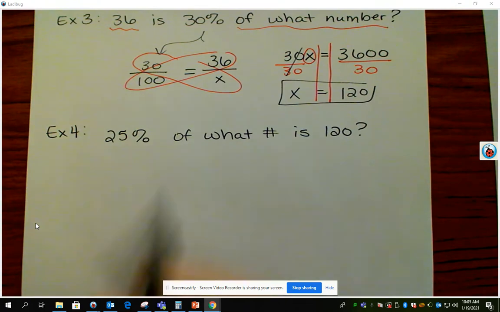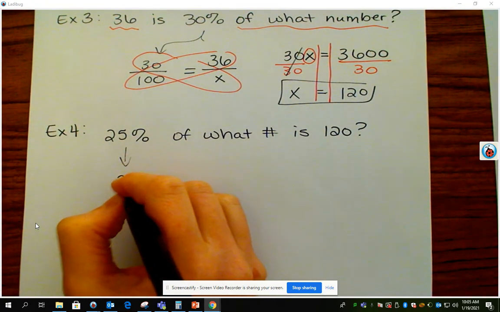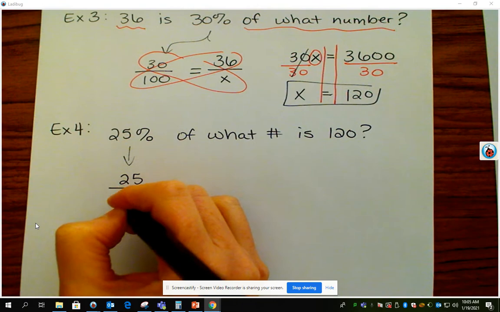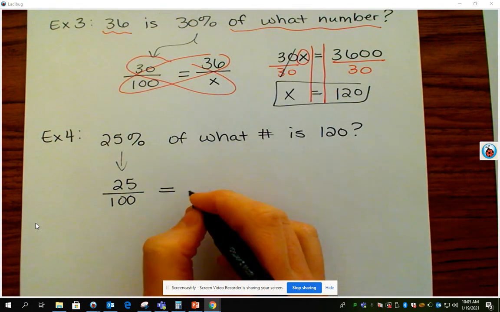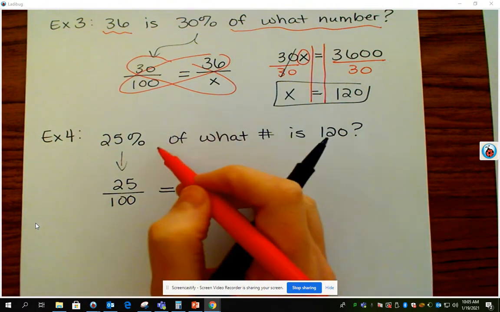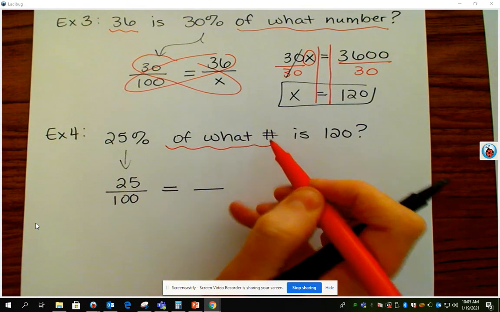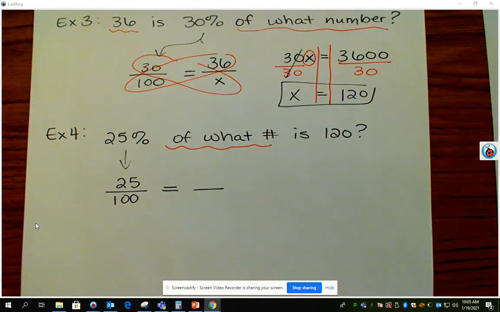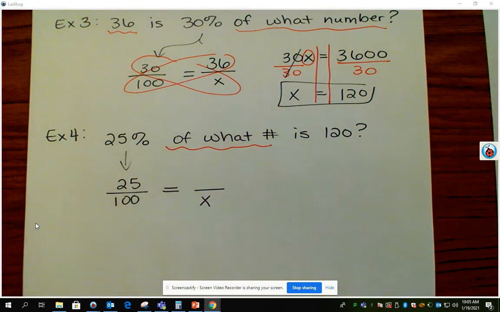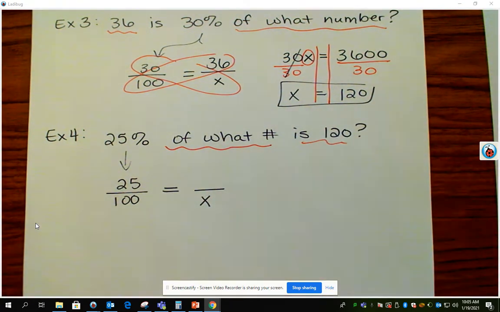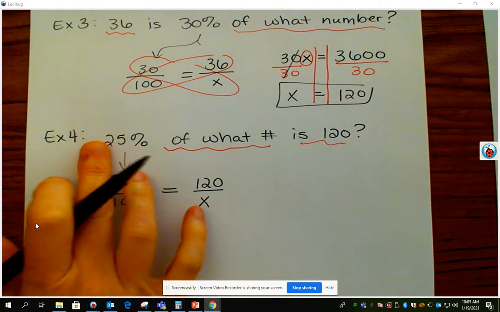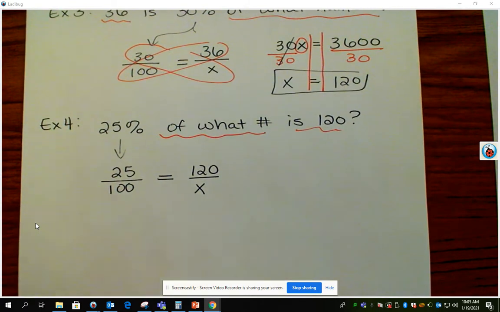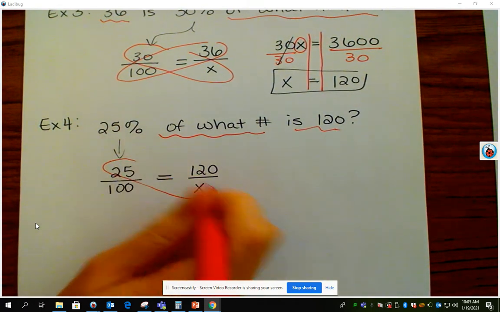So first thing, I see a percent, make it part of your proportion, 25% per 100. Okay, now we've got to figure out the other side. Of what number? That means this is the whole that we don't know. That goes on the bottom. 120 is the part. Okay, 120 is 25% of what number? So you really need to read carefully and then cross multiply.